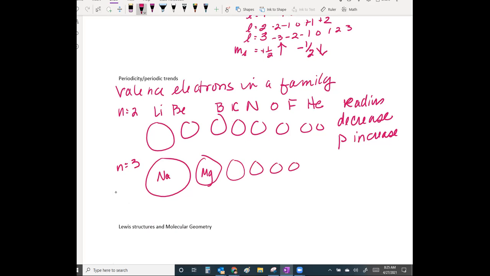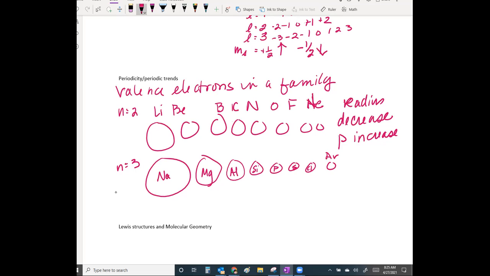So aluminum, silicon, phosphorus, sulfur, chlorine, and then this is argon.